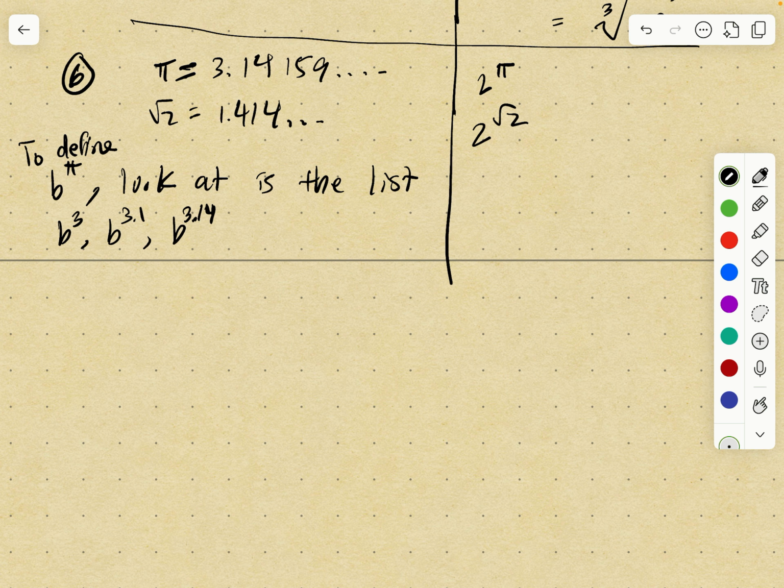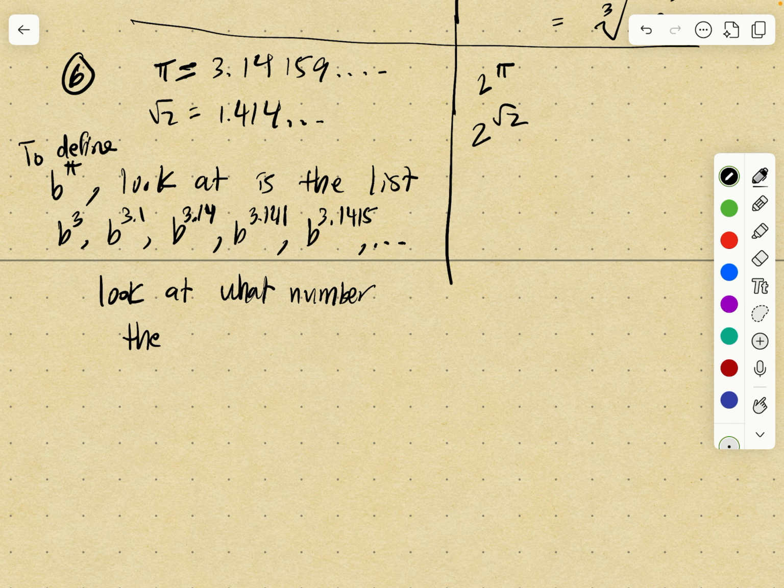So what we do is you look at b cubed, b to the 3.1, b to the 3.14, b to the 3.141, and you keep going, b to the 3.1415, and then you look at what number the numbers in the list are approaching.